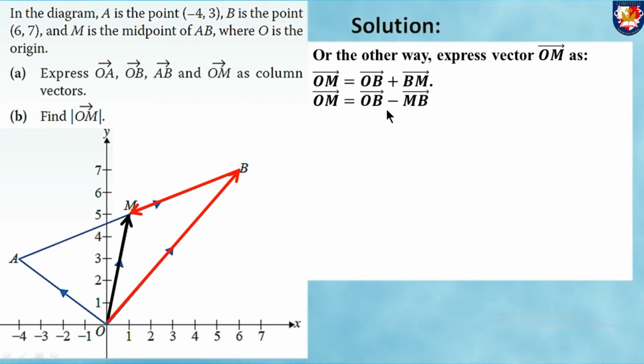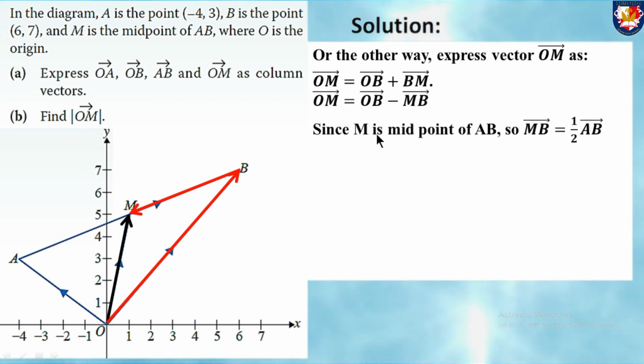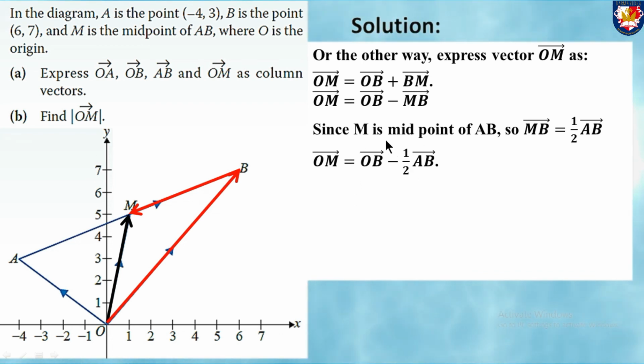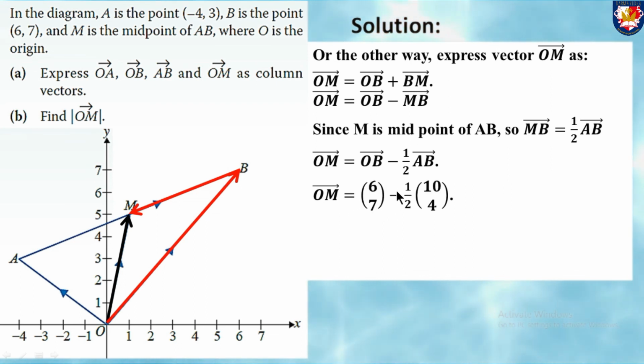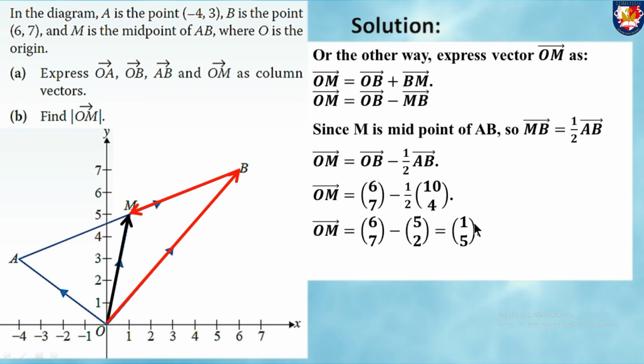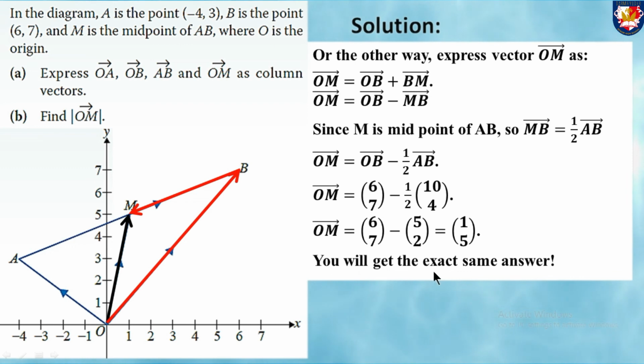Since M is the midpoint of AB, MB is a half of AB. So OM equals OB minus a half of AB. We have found vector OB, the position vector of point B, and vector AB. So OM equals 6 and 7 minus a half of 10 and 4. We multiply a half with vector AB first, and then we find that OM equals 1 and 5. You will get the exact same answer.